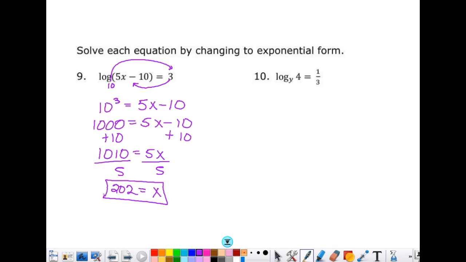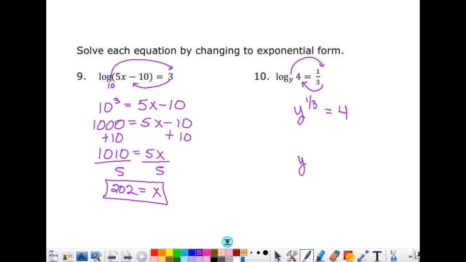Okay, so here, y to the 1/3 equals 4. So this one's a little different, okay? Here's our y that we're solving for. We don't need that 1/3 there. We want a plain y, don't we? How do I get that 1/3 to go away?